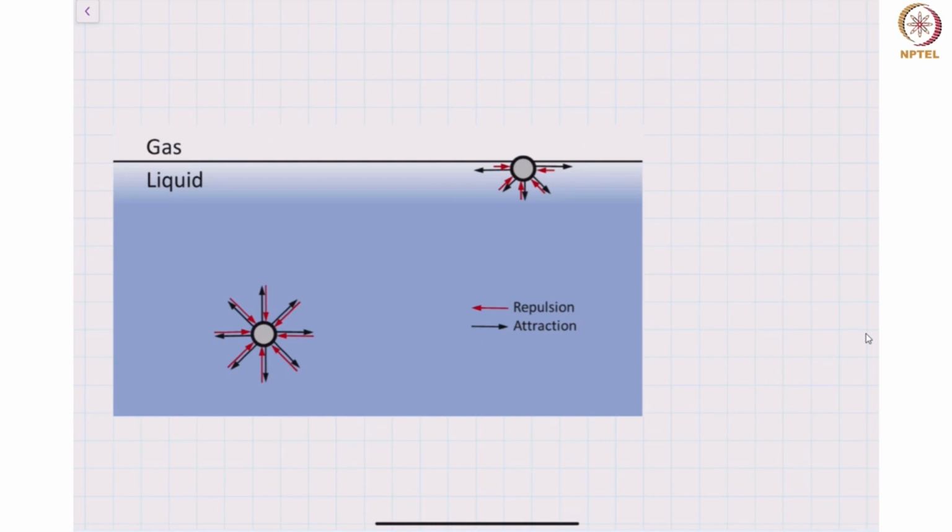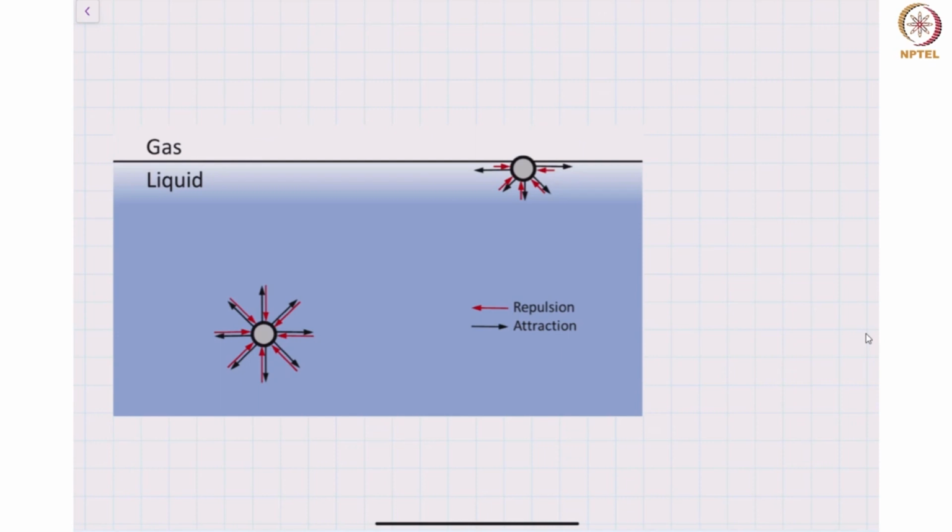Remember, all of these are equilibrium ideas. Repulsion, shown with red arrows, basically points inwards. In the bulk, these two are in balance, and therefore an equilibrium is established. The net forces are balanced, and the sizes of the arrows are also the same.